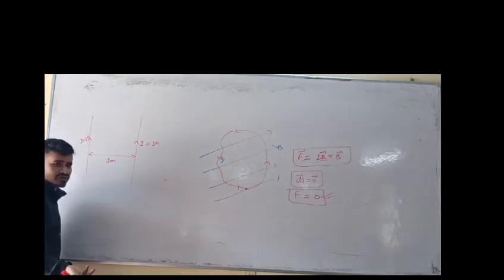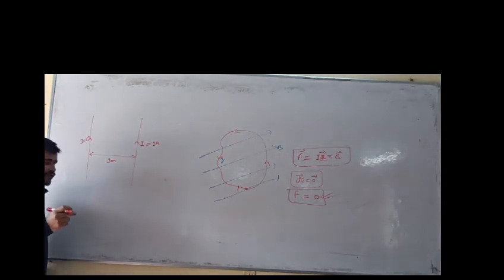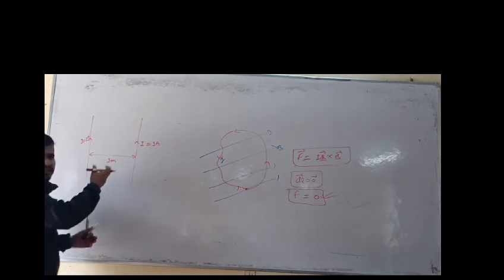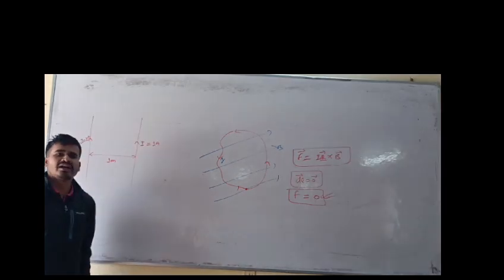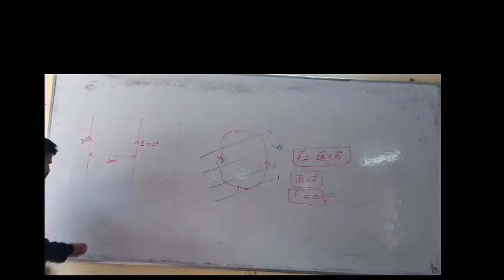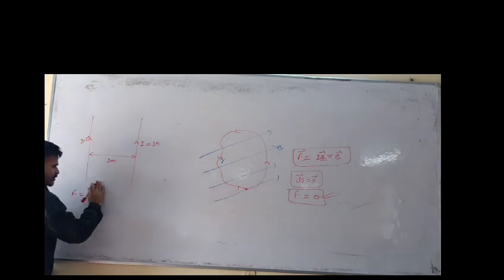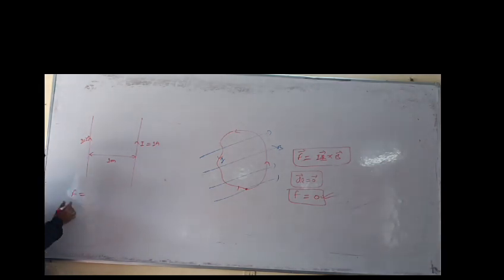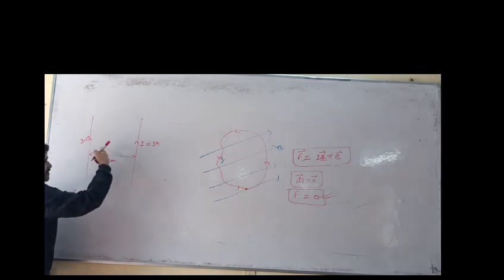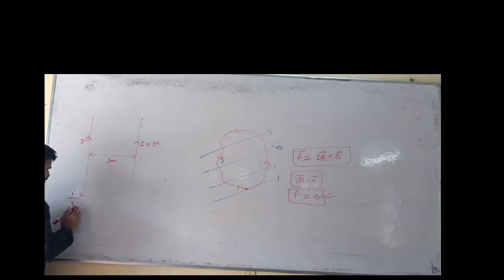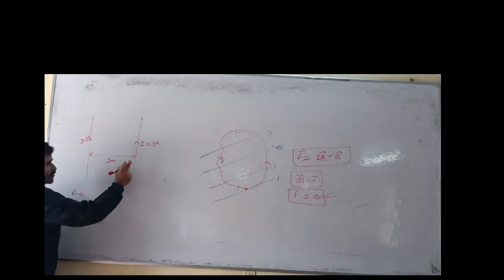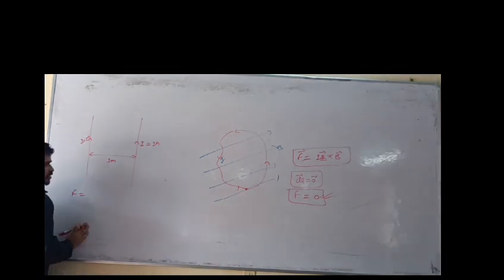Let's calculate the force. When this force acts between these wires, then the current will be 1 ampere. Yes or no? What will be the force? Force on either wire, let's say about this wire.